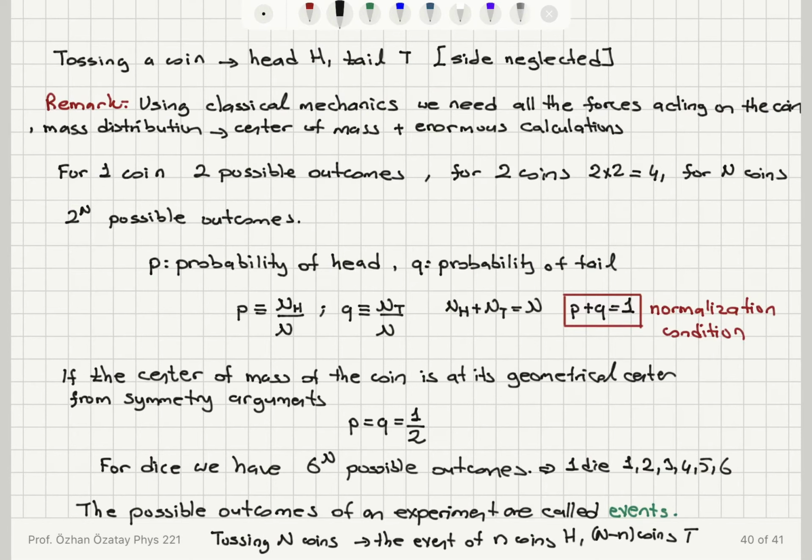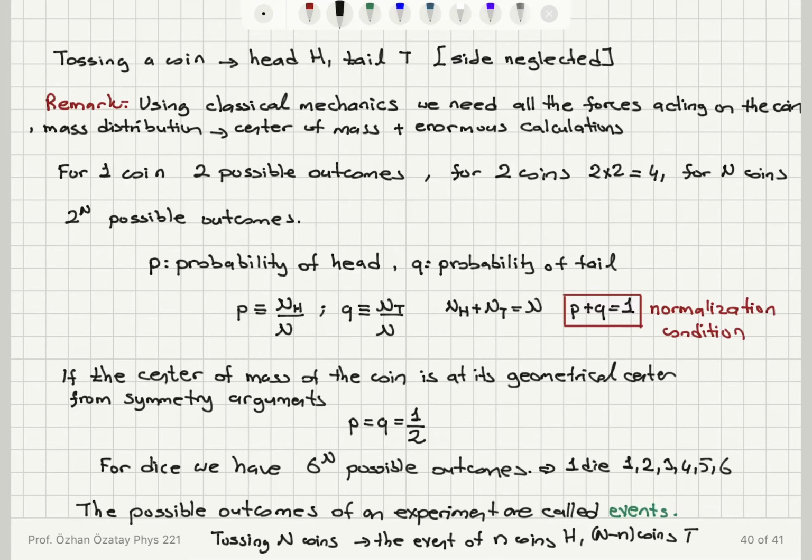You would need to know all the forces acting on the coin, the mass distribution, exact location of center of mass, and if you're doing this for not just one coin but many coins, that would require an enormous number of calculations. So for one coin I have two possible outcomes, head or tail. It can also land on its side, but that is very rare, so we neglect that probability. So it's always head or tail.